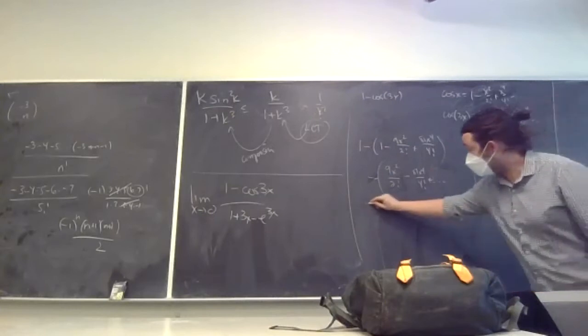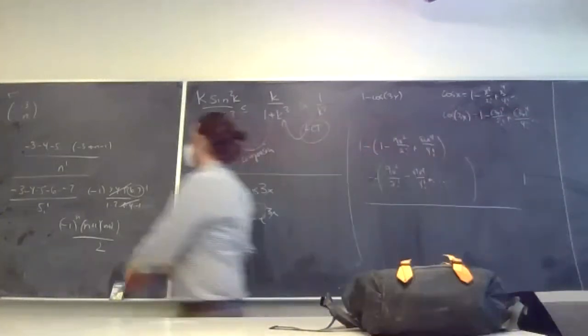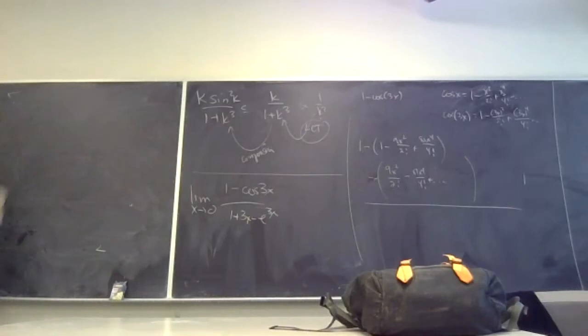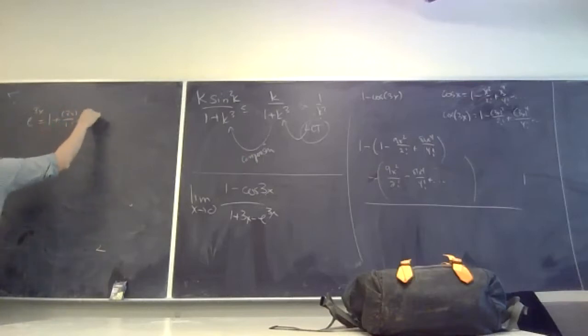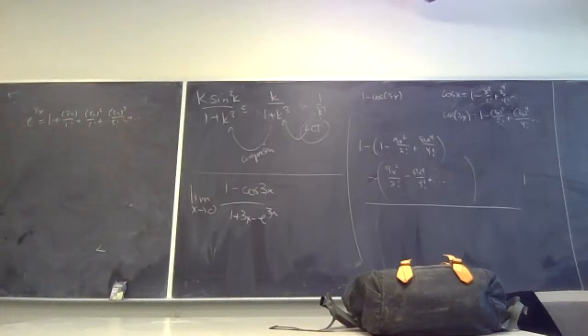On the bottom, well, 1 plus 3x minus e to the 3x, we can do the same thing. e to the 3x is equal to 1 plus 3x over 1 factorial plus 3x squared over 2 factorial plus 3x to the third over 3 factorial, and so on.